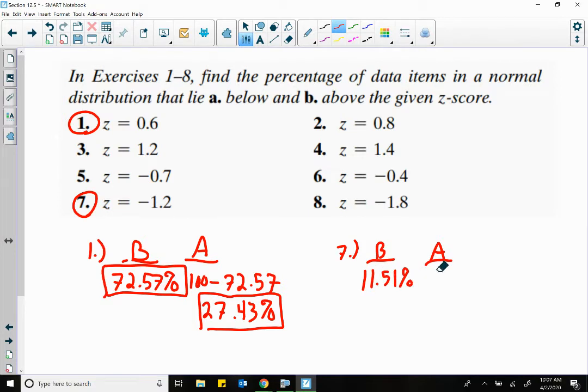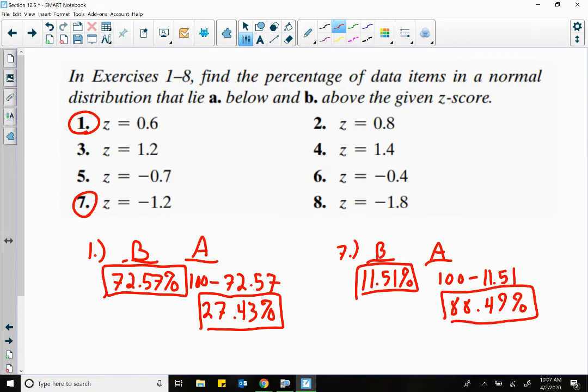To find the above, I'll take 100, not 1, minus 11.51. So 100 minus 11.51 is 88.49%. There you go.